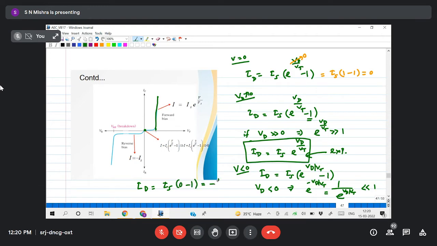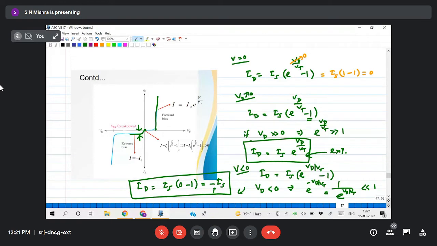So finally I'll get minus Is. Clear? Yes, sir. This negative sign indicates the reverse direction.